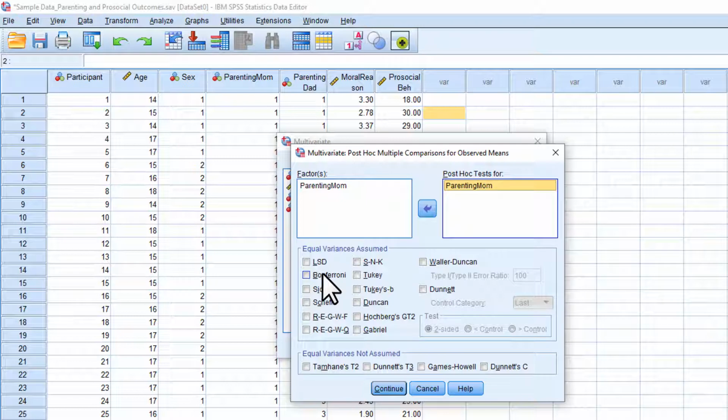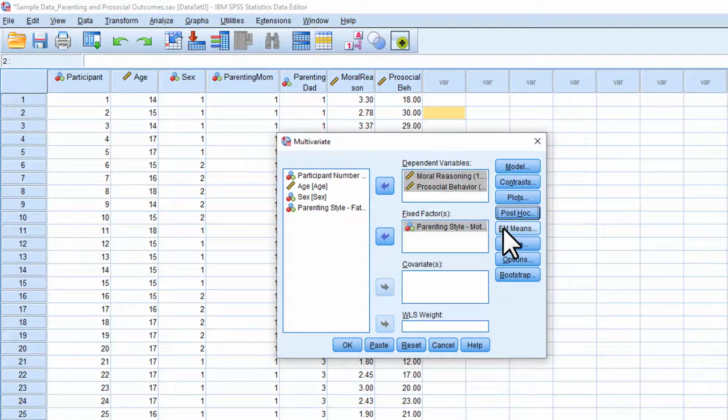So I will choose one test for if the variances are equal, and another test for when the variances are not equal, just so we don't have to rerun MANOVA once we find whether or not the homogeneity of variances for the univariate effect is significant.